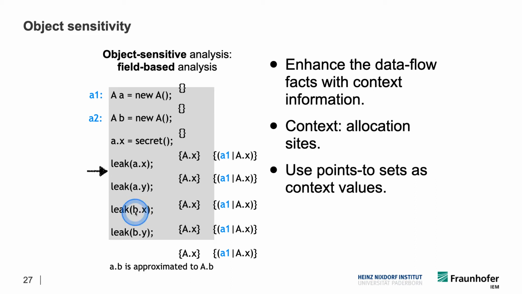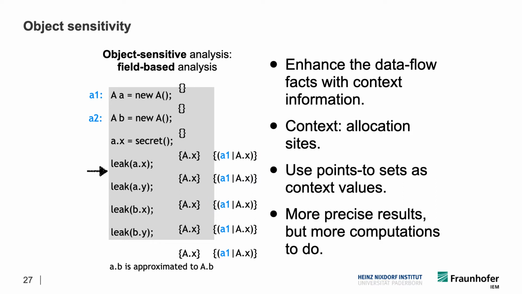And we will see that this points-to set only contains A2. And this has an empty intersection with this points-to set, right? So these points-to sets, you could say, are incompatible. And therefore we know that this data flow fact does not apply here to the statement. It's not relevant. It does relate to some tainted data, but that tainted data cannot be leaked here because we're talking about different owner objects.